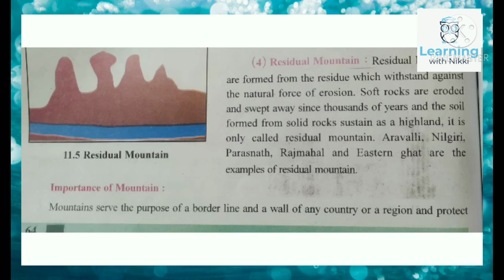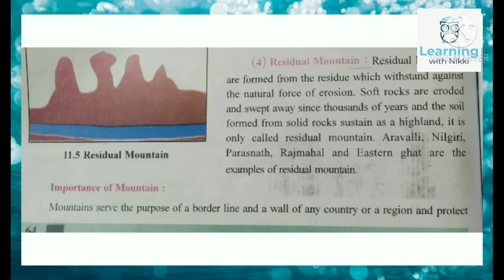Soft rocks are eroded and swept away over thousands of years, and the soil formed from solid rock sustains as a highland. It is only called residual mountain. Whatever soft rocks there are will go away with the water and be swept away. What happens is that water continuously flows on them, and after thousands of years soil will form and then solid rocks sustain a highland.